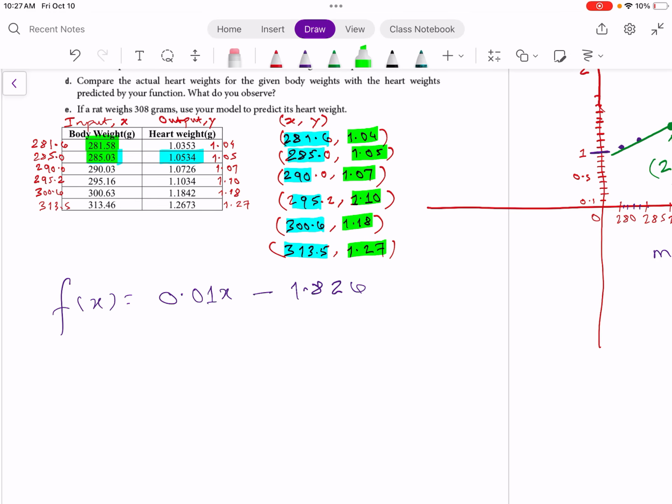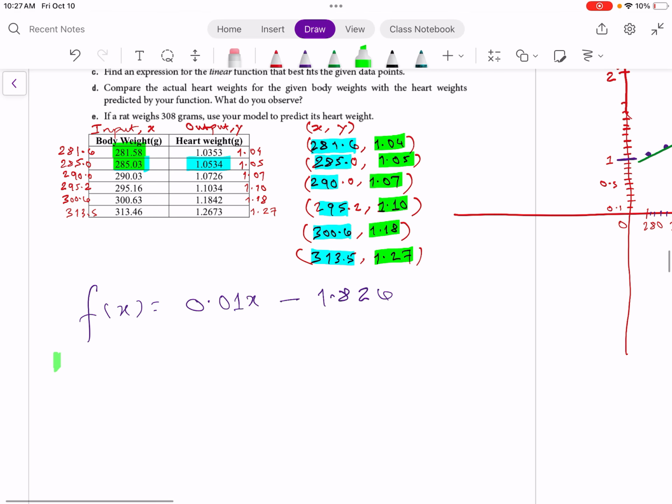We replace x by the body weight and find the heart weight. So when we have a rat with a body weight x equals 281.58, what will be our output, y, or f of x? You replace x in this function by 281.58, so we have 0.01 times 281.58 minus 1.826.